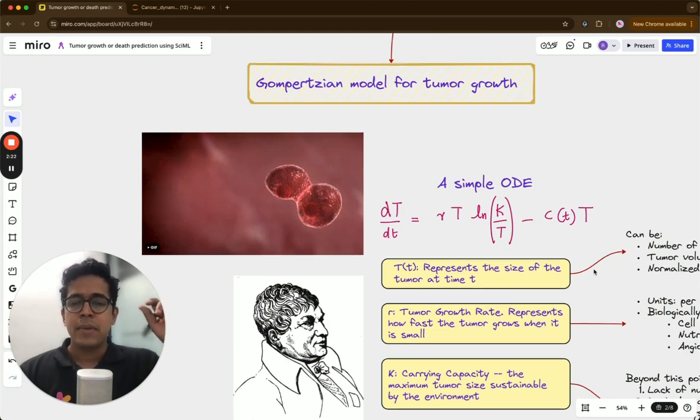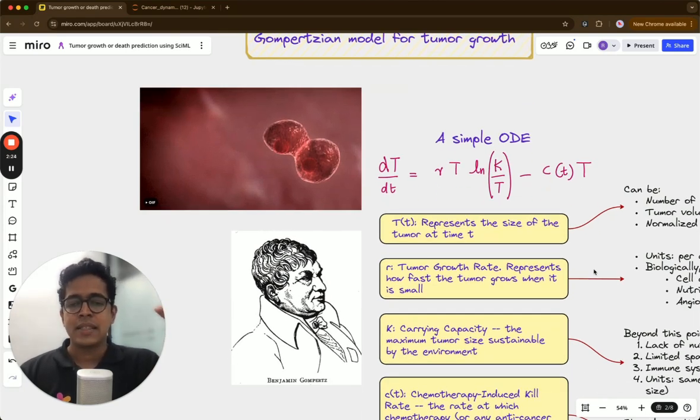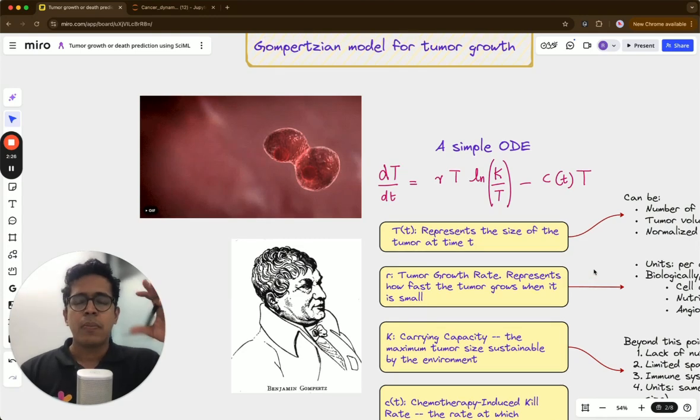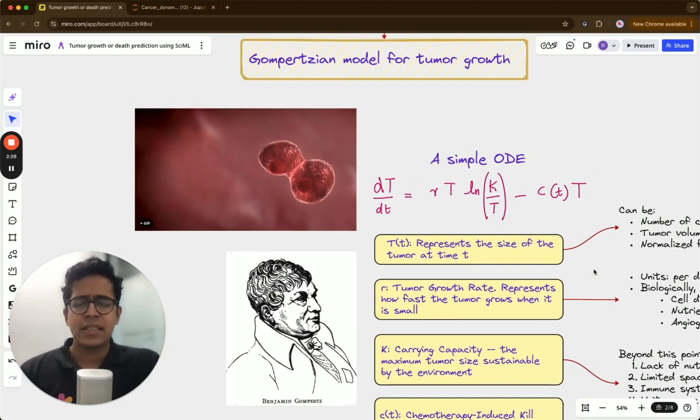This is named after a famous scientist, Benjamin Gompertz. The Gompertzian model is not specific for cancer tumor growth. It's also a generic model for many other problem statements where initial rate of growth is rapid and later rate of growth is reaching a saturation.